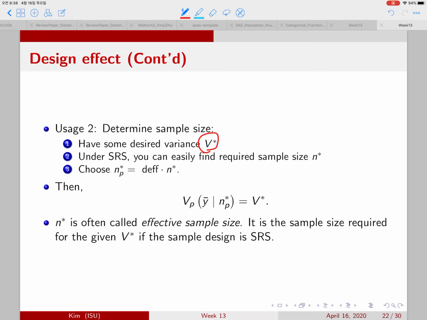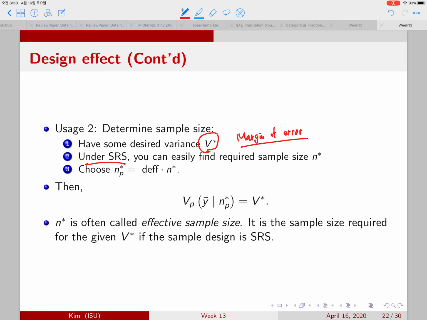This could be from a margin of error, like the length of a confidence interval, or a desired accuracy. That gives the target variance V star, and from the target variance we can compute the sample size under simple random sampling.